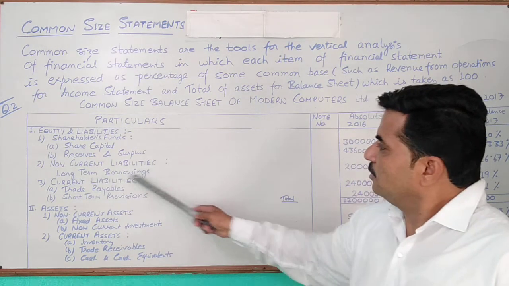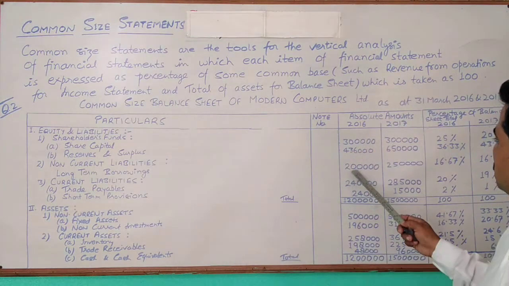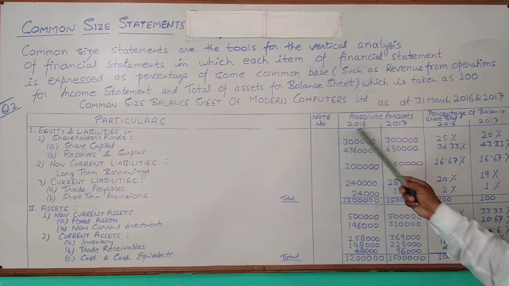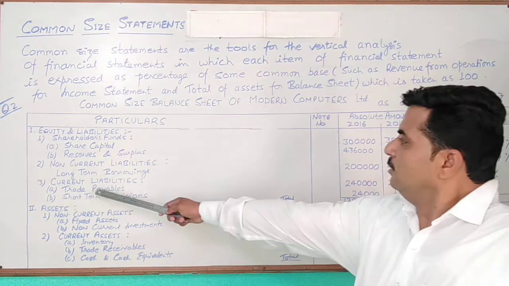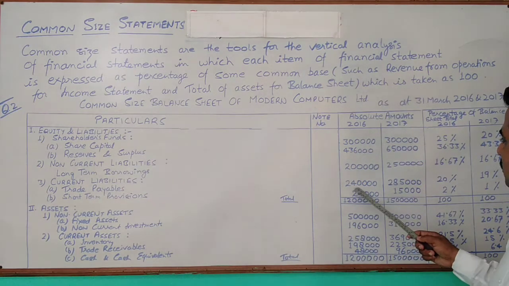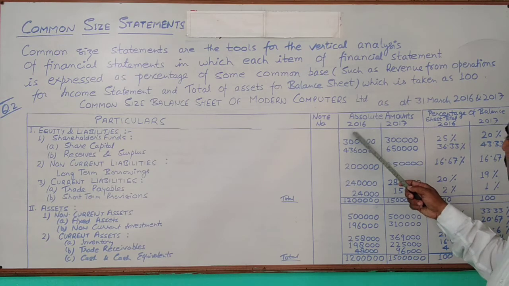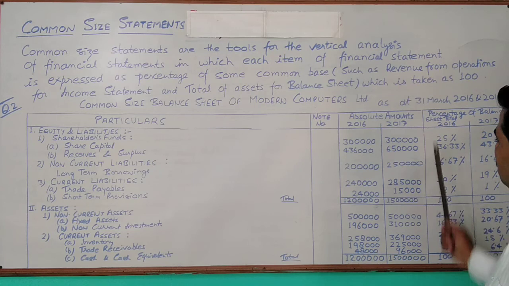Non-current liabilities include long-term borrowings, and these are rupees 2 lakh in the previous year and rupees 2,50,000 in the current year. Current liabilities include trade payables, which are rupees 2,40,000 in 2016 and rupees 2,85,000 in the year 2017.